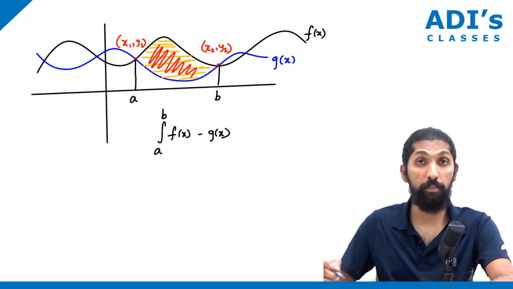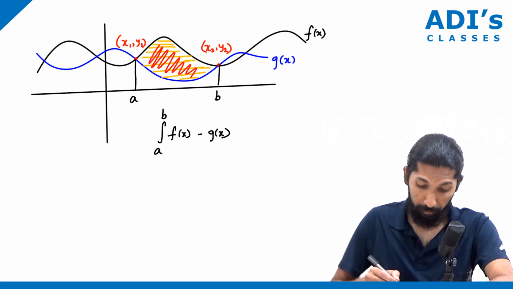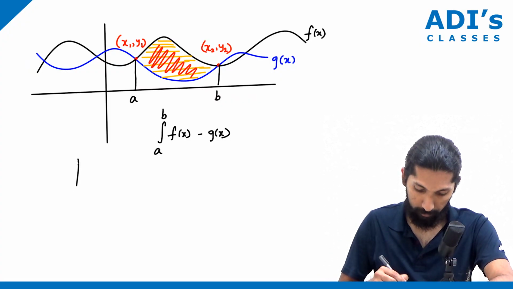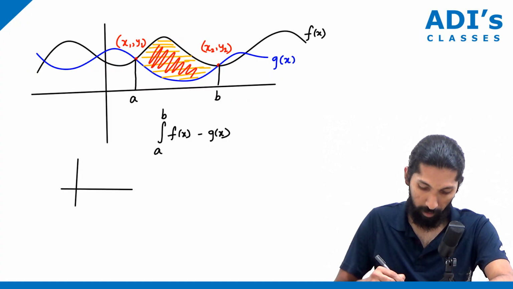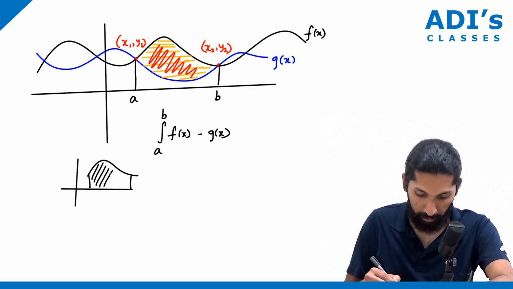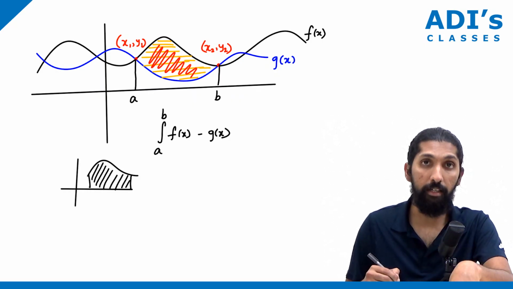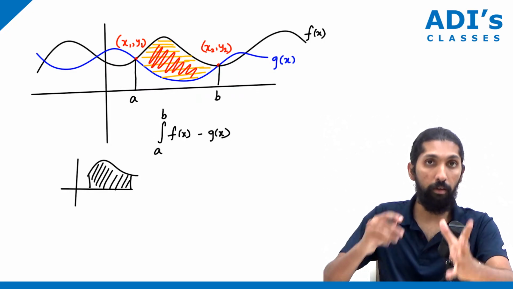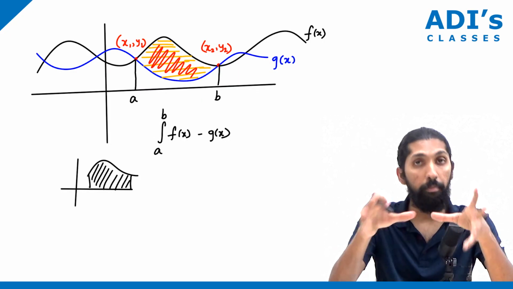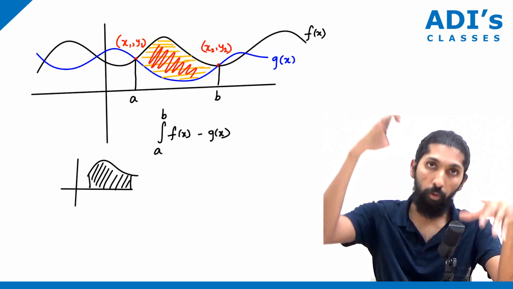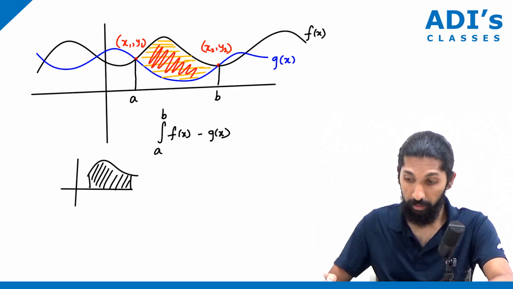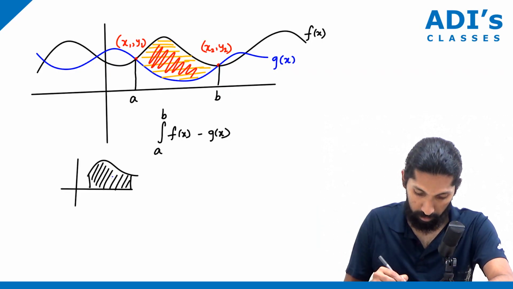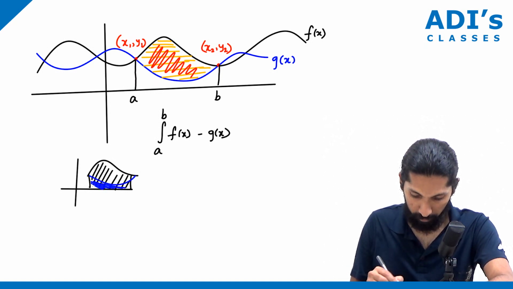Why do we take f of x minus g of x? If you take f of x, you have a curve something like this, correct? Now, when you take this, you're finding this entire region. But do you need the entire region? No, right? You need only one part of it. So you take the whole area, then you subtract this g of x area.